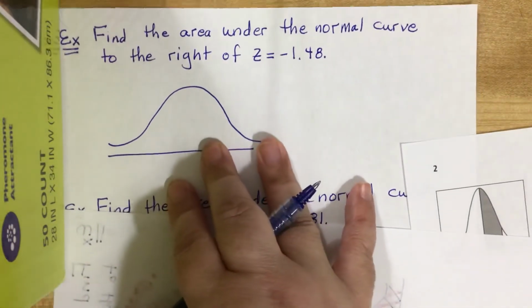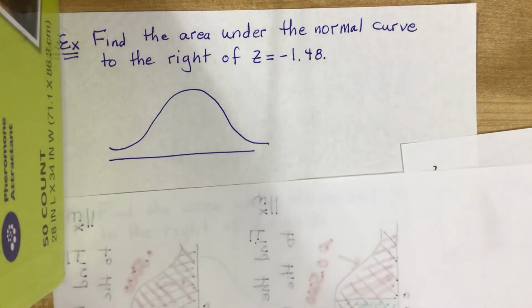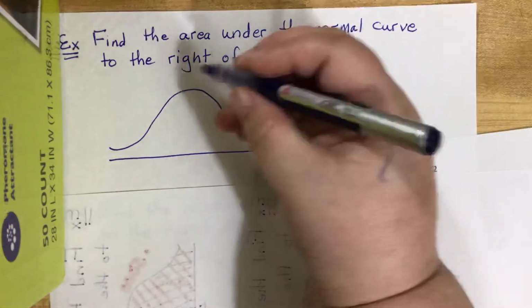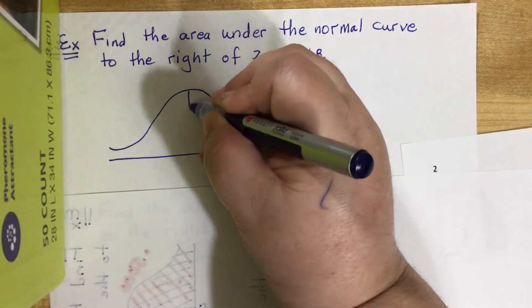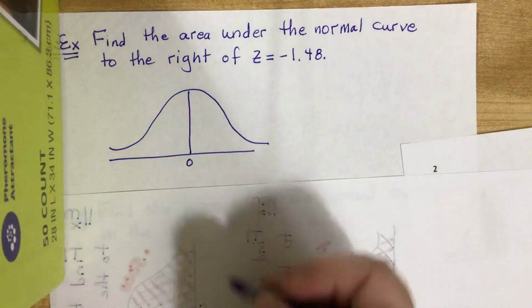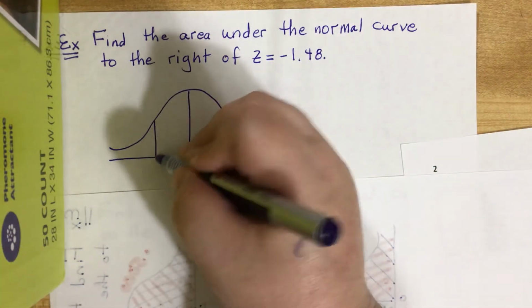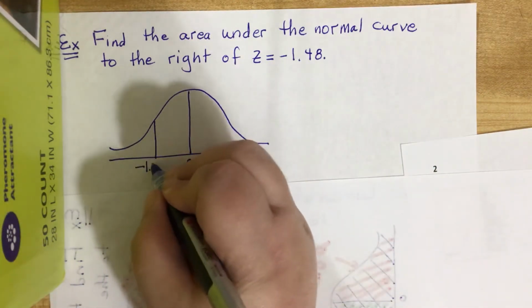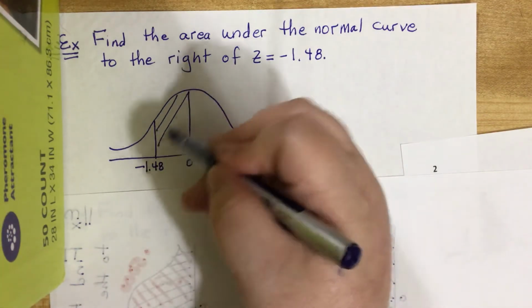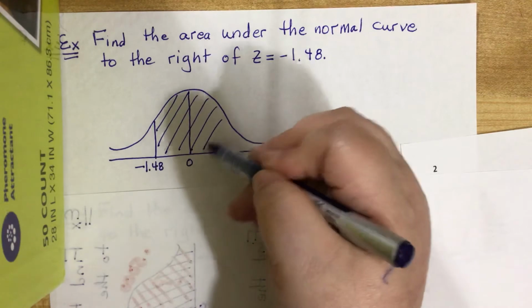We want to find the area under the normal curve to the right of negative 1.48. Alright, so here's 0 in the middle, negative 1.48 somewhere to the left of that, and we want the area to the right of that.